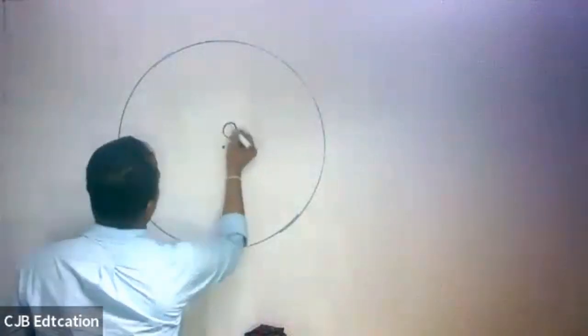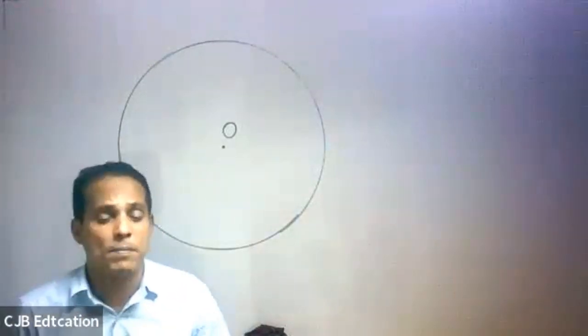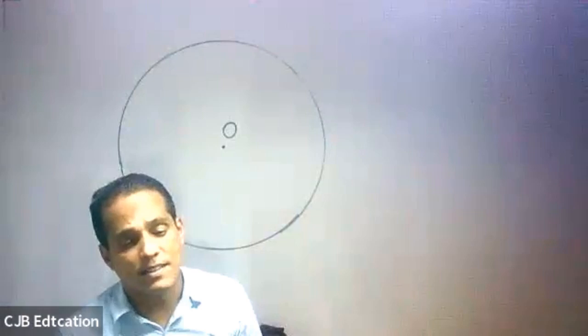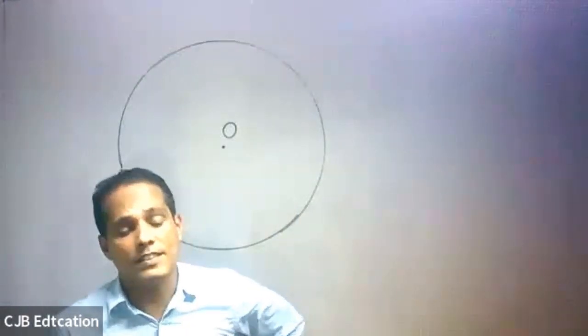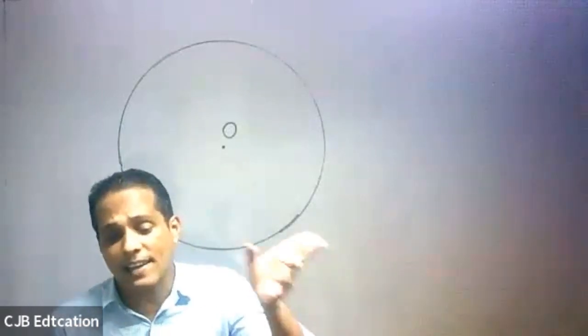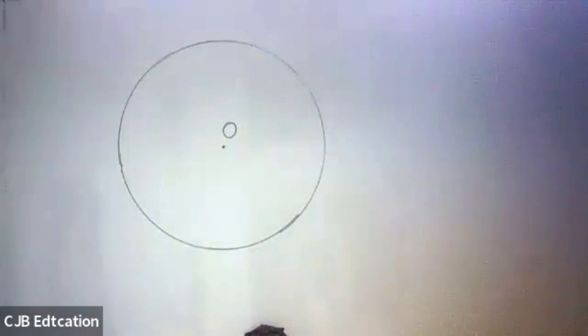Right. Now we have to draw a straight line AB of 6 centimeters, with points A and B on the circle.